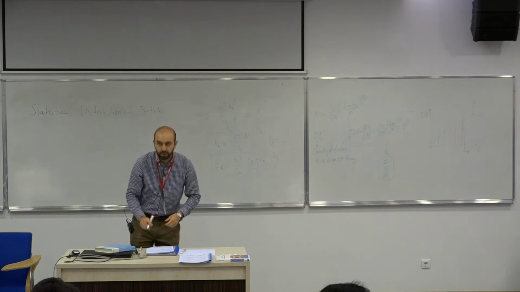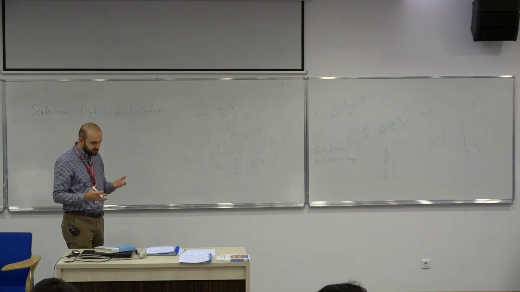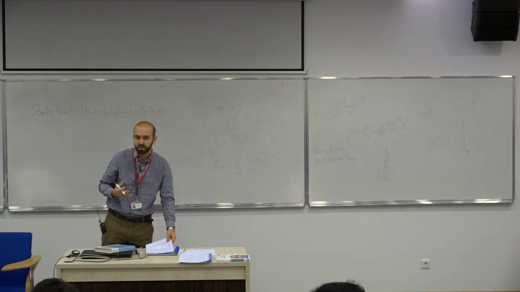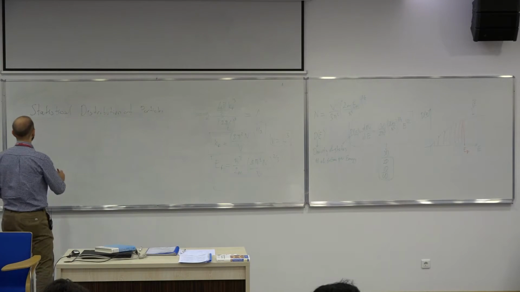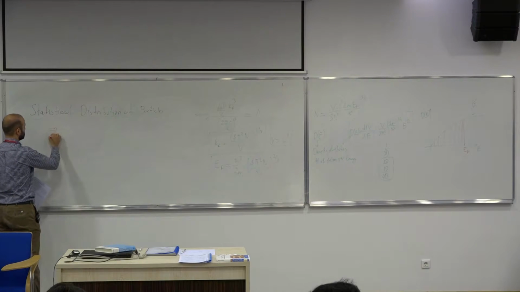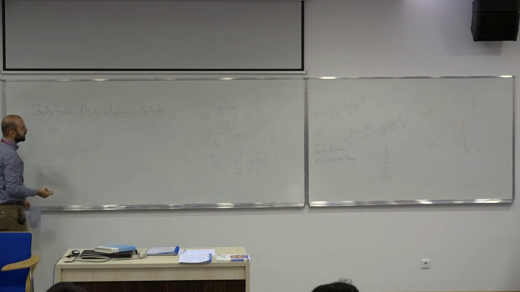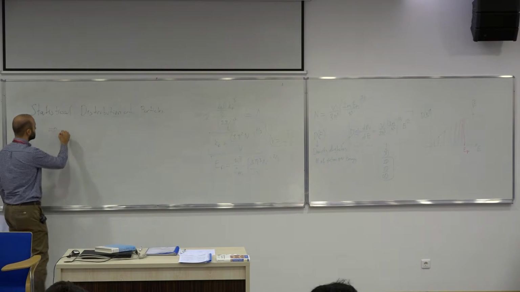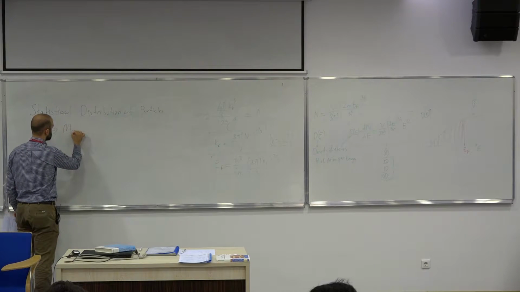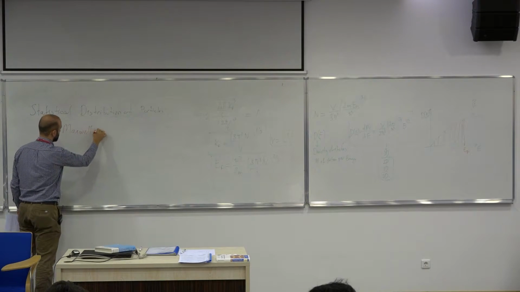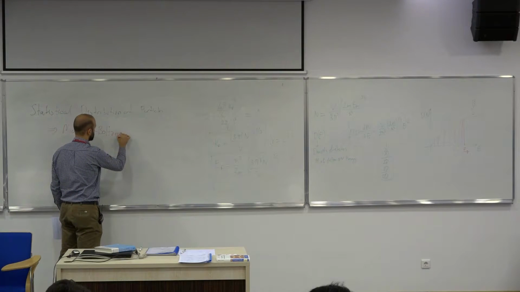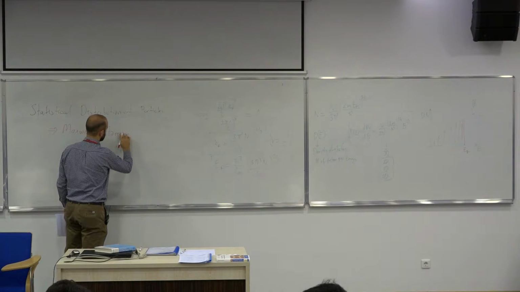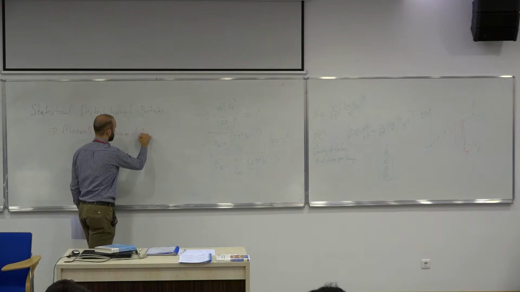What you need to do is look at how statistically these particles will be distributed for given temperatures. I'm not going to go into the details, but there are a few things that I'd like you to know. There are 3 types of distributions that you may encounter. One of them is the Maxwell-Boltzmann distribution.